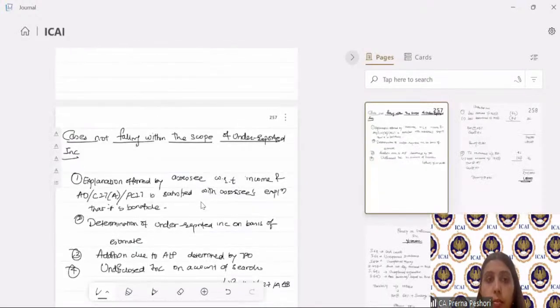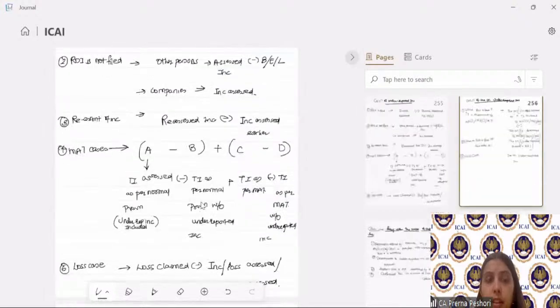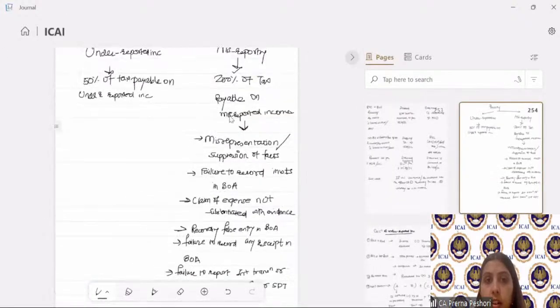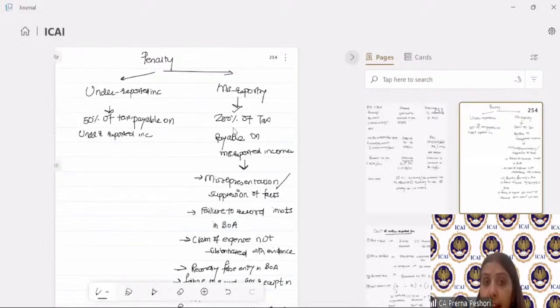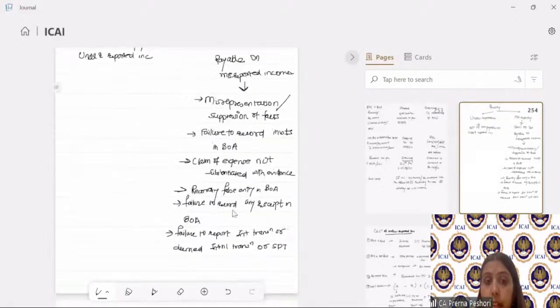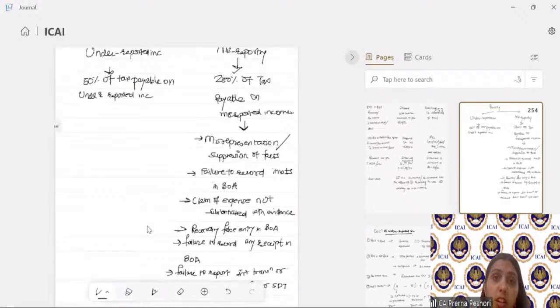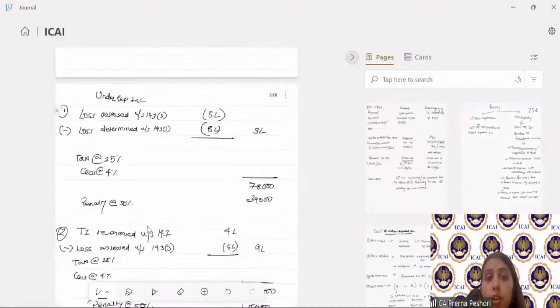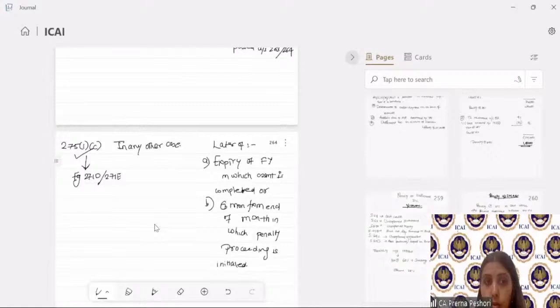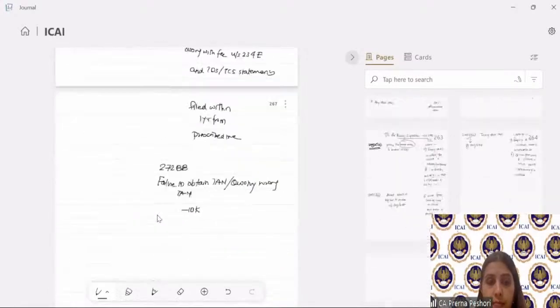We have done that. 200% of tax, which is the penalty under section 270A, for failure to report international transaction or deemed international transaction or specified domestic transaction. So if you fail to report an international transaction or the specified domestic transaction, it will be considered as misreporting of income.